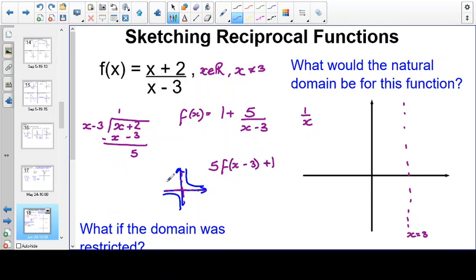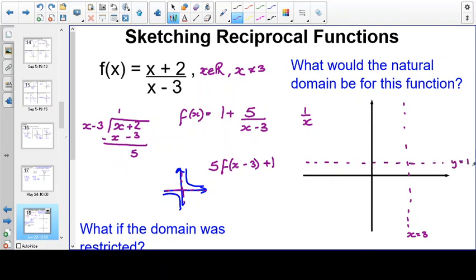So that's why that there has moved 3 to the right. Then there's going to be a vertical stretch times by 5. Well, that's not going to affect that asymptote due to the fact that 5 times 0 is 0. And then that's going to move up by 1. So the horizontal asymptote is basically just going to move up by 1.